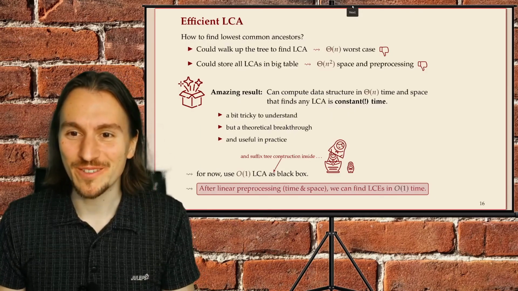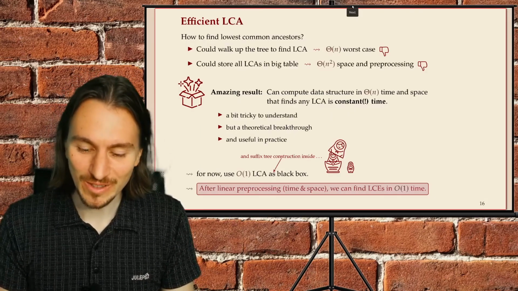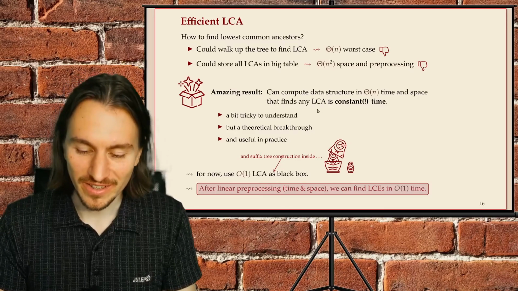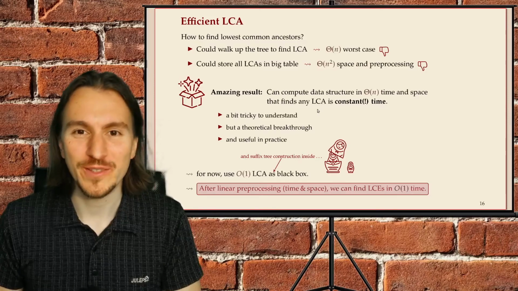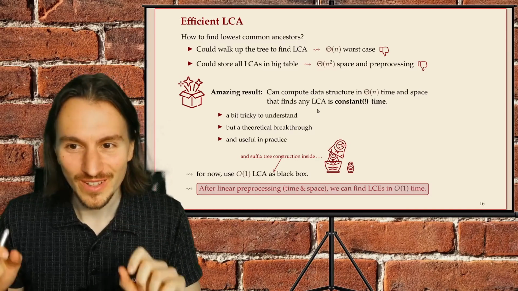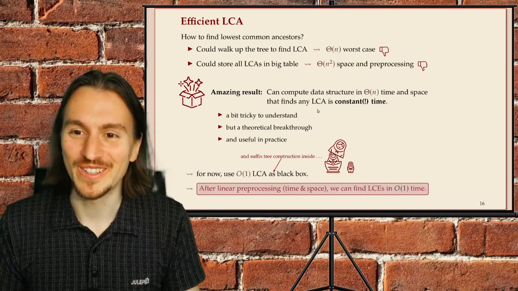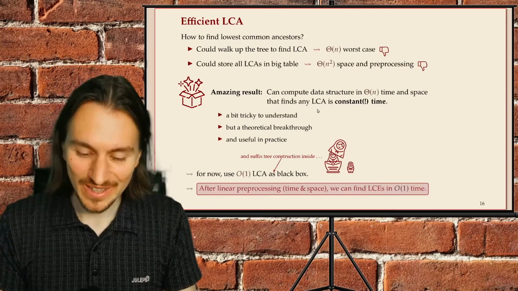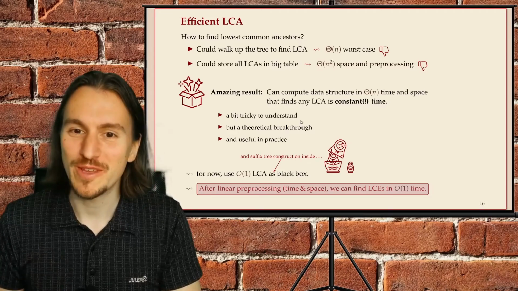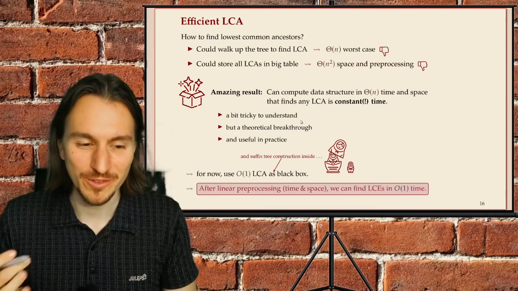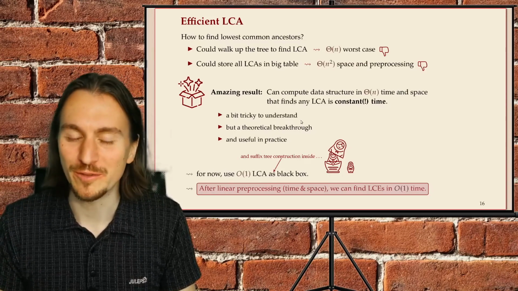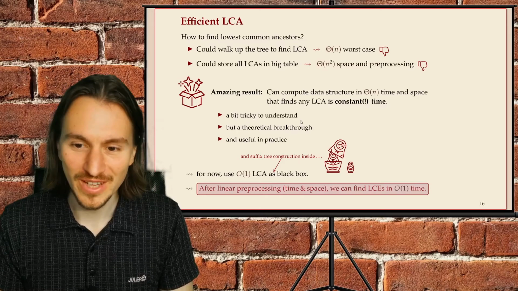Again, an amazing result is that you can compute a data structure in linear time and space, and then after that computes the lowest common ancestors of any two leaves in constant time. It's just a blink of your eye and you get the answer. This one is a little tricky to understand, but if we have time at the end of the module, I want to introduce you to how to do this, even though it will not be part of the exam material.